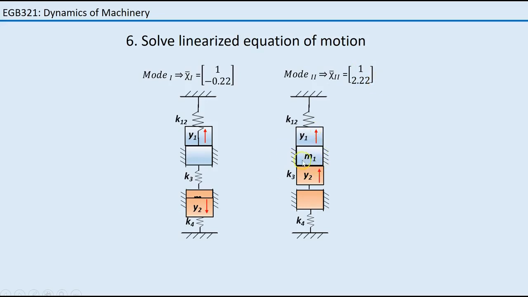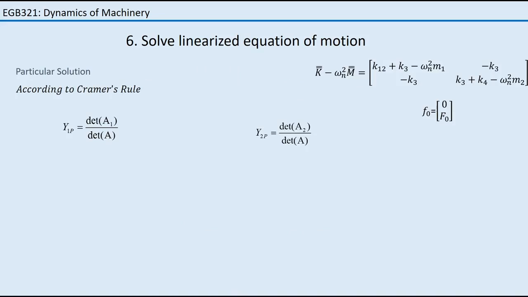So once m1 moves upward at a displacement y, mass 2 will move in the same direction, which is upward, at a displacement 2.22 times y. And that's our mode shape of the system. So that is our third answer.